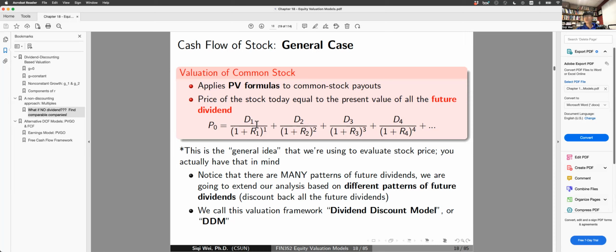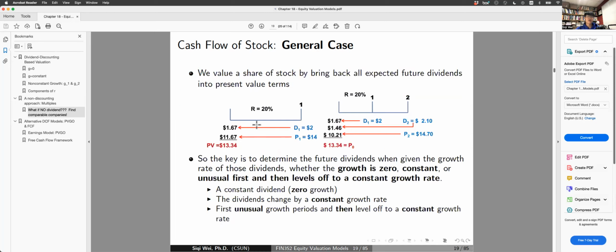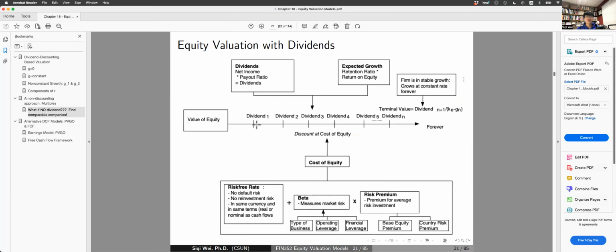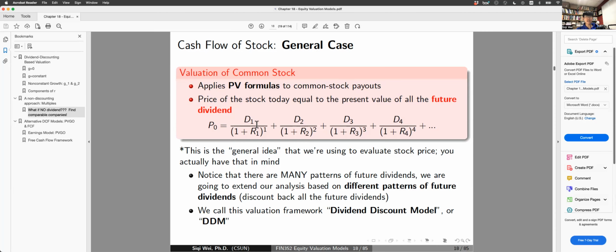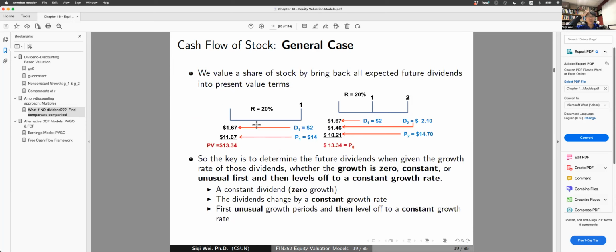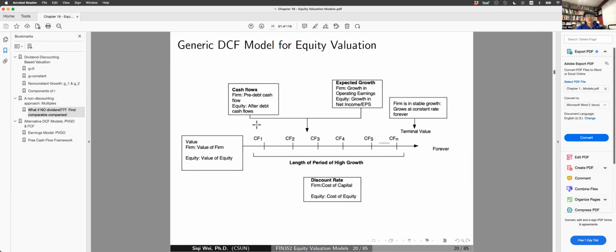We have to use some sort of a model or a mathematical formula to help us do the work. The good news is we have a variety of frameworks that allow us to simplify the calculation process. But before jumping into those arithmetic technicalities, I would like to show you a big picture up front.